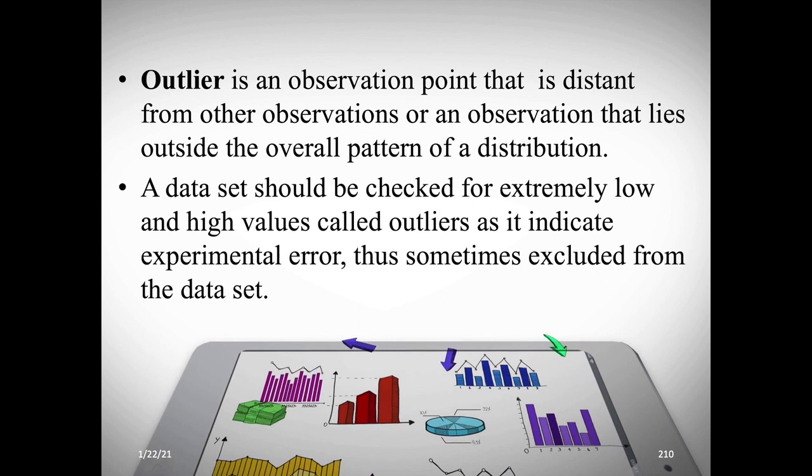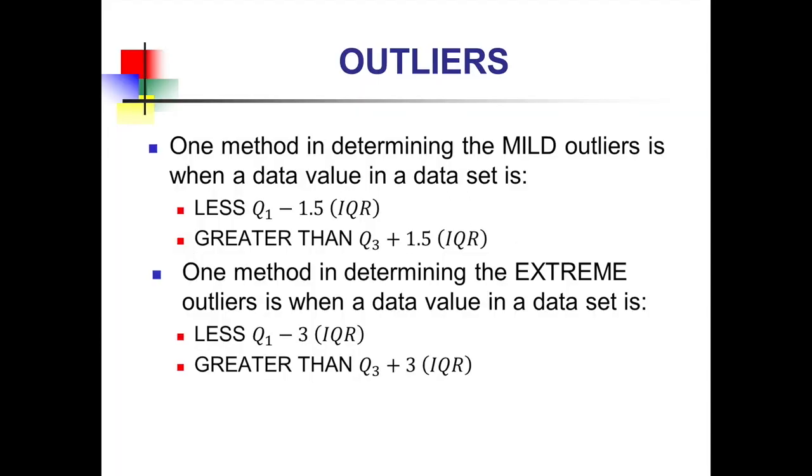When we include outliers in our computation, there is a huge chance that there will be errors in our further analysis and discussions for the computation, no. So let's have now the method in determining different types of outlier.